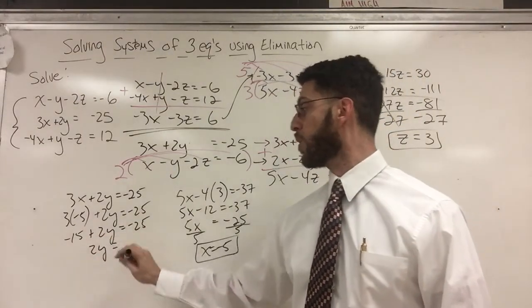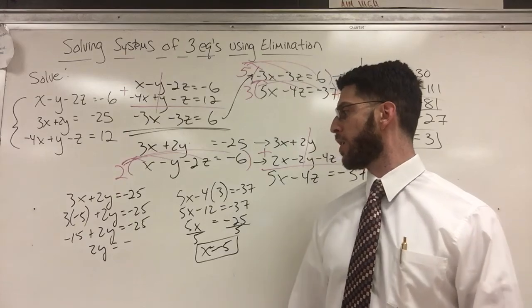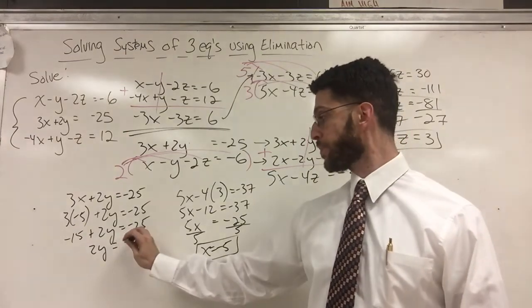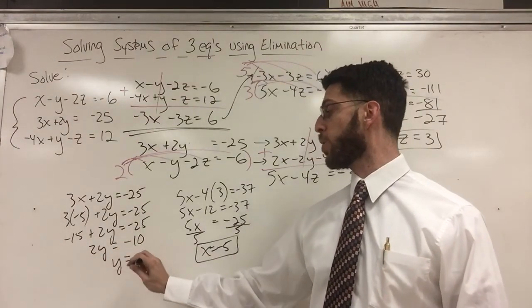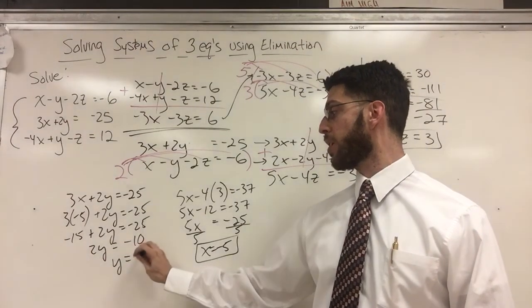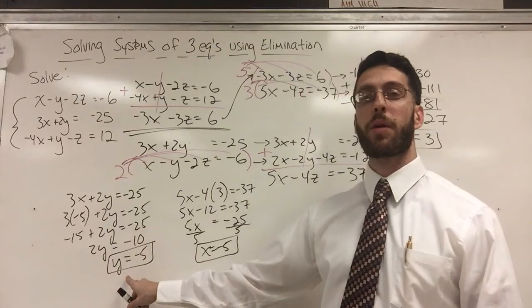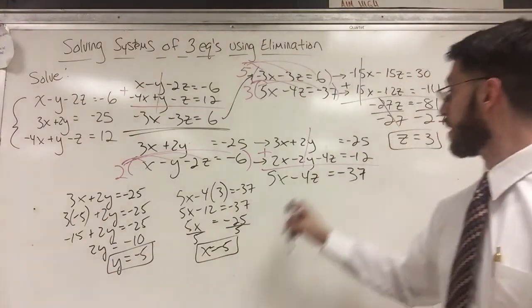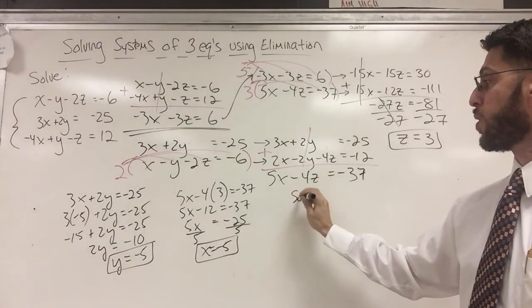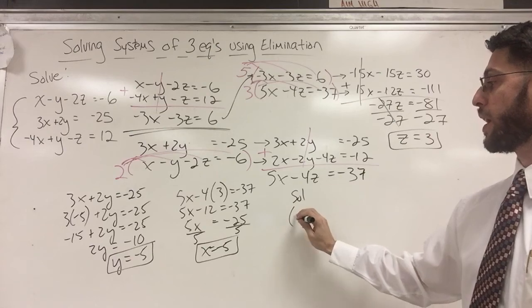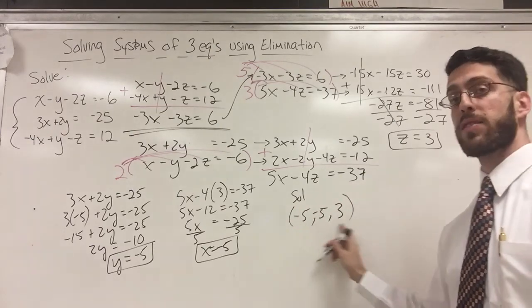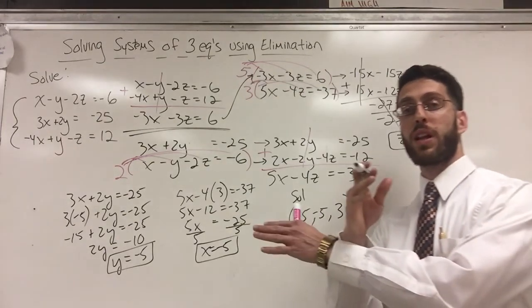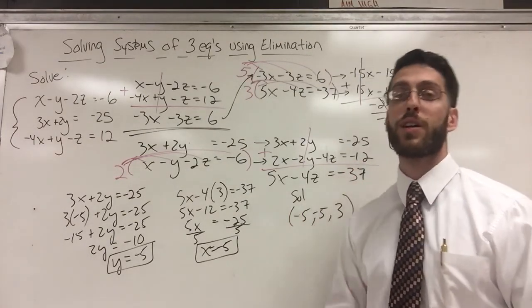So 2y equals negative 10. And divide by 2 on both sides. So y equals negative 5. Okay, I got my y, I got my x, I got my z. So my solution is x, y, z. That is the coordinates of where the 3 lines would intersect.